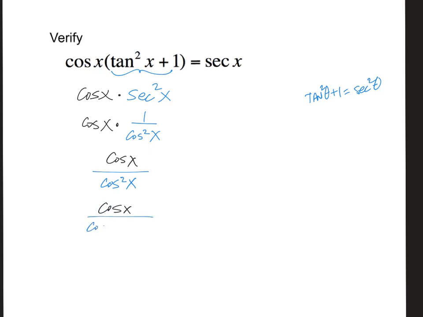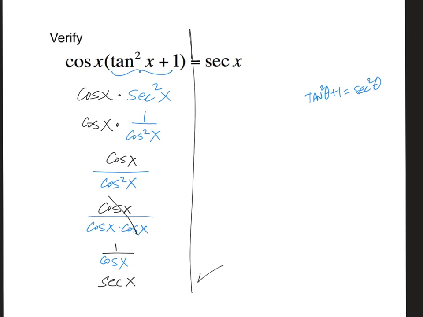If it helps you to write it out, the fact that there's cosine times cosine on the bottom, I can cancel 1 from the top and 1 from the bottom. Now there's technically a 1 on top, and there's still a cosine on the bottom. And that can be written as secant x, and that's what I was trying to show that whole time. So I know I'm done.